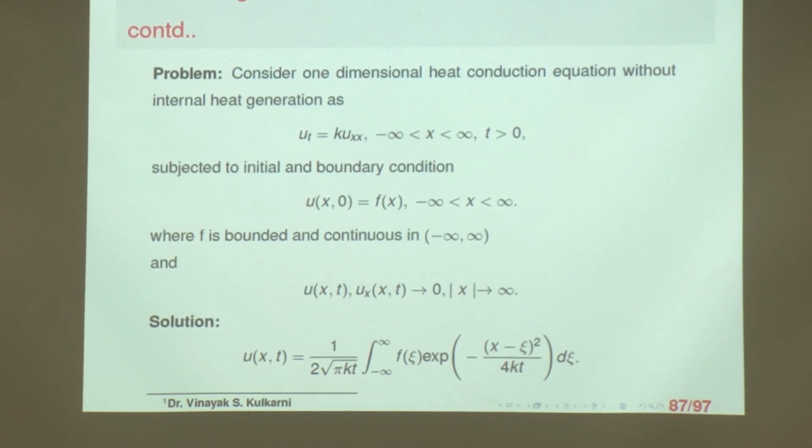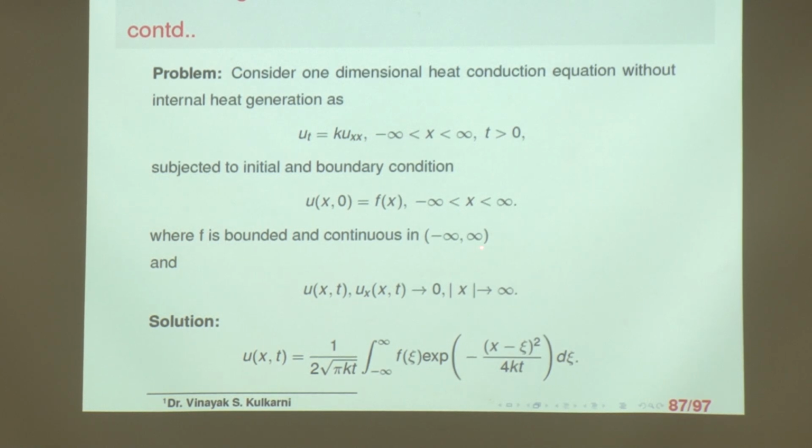You can see here, this is a problem without internal heat generation where the initial temperature is a non-zero, arbitrary function of x, and f is bounded and continuous, and of course in order to have this boundedness, u and u_x tend to 0 whenever x tends to minus infinity or plus infinity.